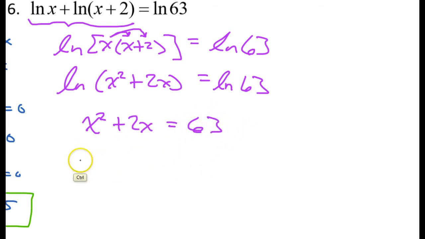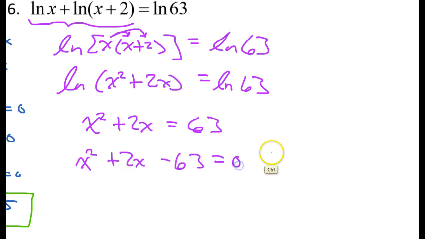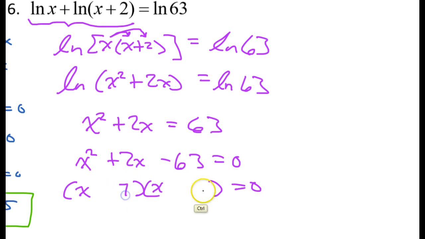Subtracting 63 from both sides, I have x squared plus 2x minus 63 is equal to 0. With any luck, this is going to be factorable. Okay, so this is going to be x squared can only factor as x times x. 63 is going to be 7 times 9.